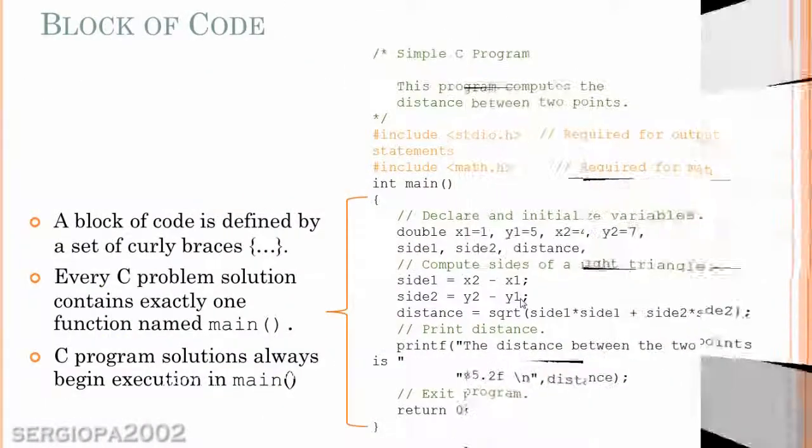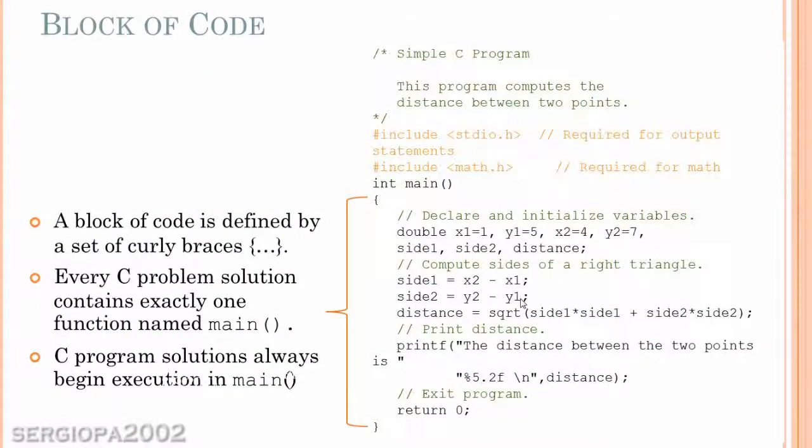Now the next section is the block of code, and that's really where everything else is included, and it's defined by a bracket. Every C program contains exactly one function named main.